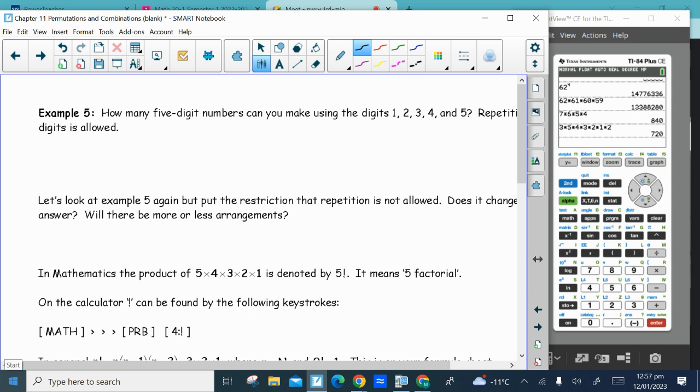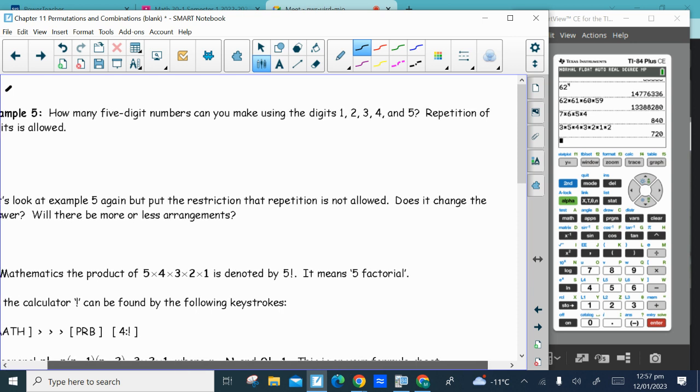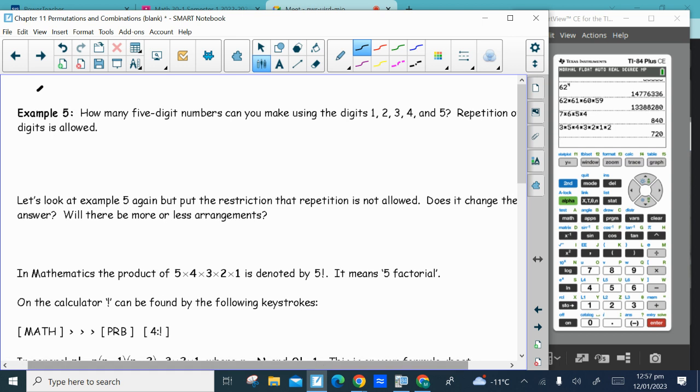How many 5-digit numbers can you make using those digits if repetition of the digits is allowed? So you've got 5 digits to choose from, and you're going to arrange all 5 of them. And repetition is allowed, which means you'd have 5 choices for each.